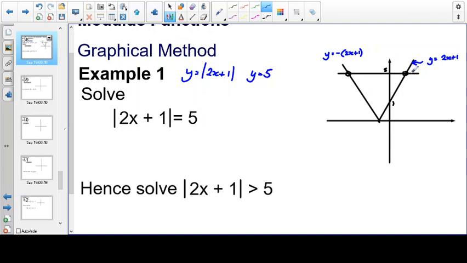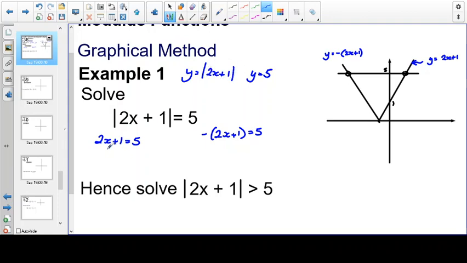So we are going to solve two equations, one where 2x plus 1 equals 5, which gives us that point of intersection, and then we're also going to solve where negative 2x plus 1 equals 5. So we're taking both the positive version and the negative version.